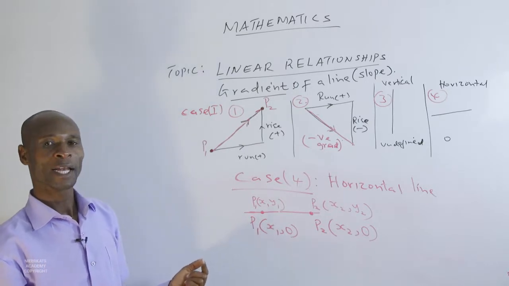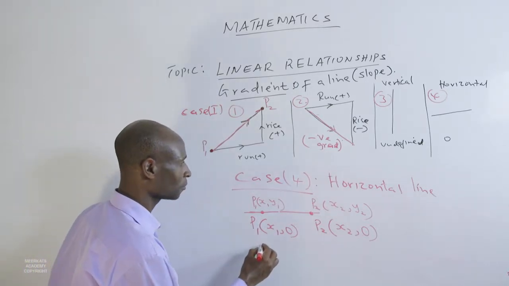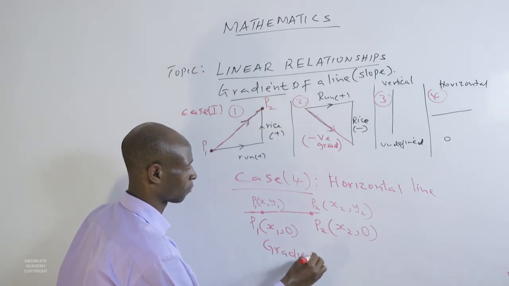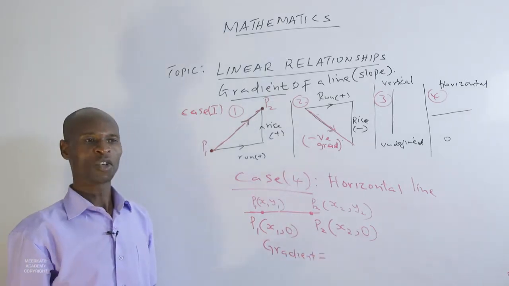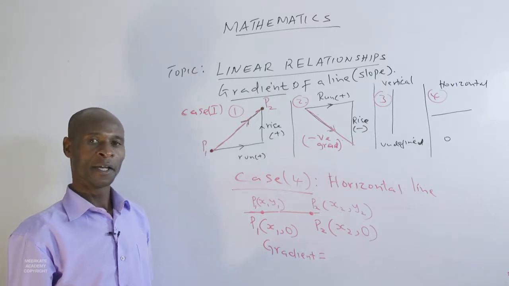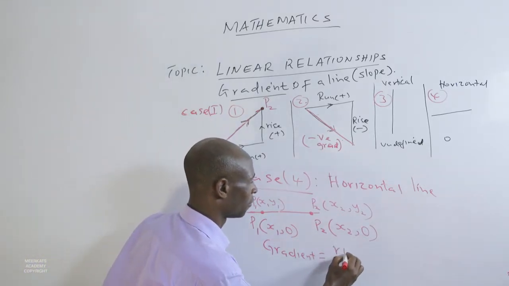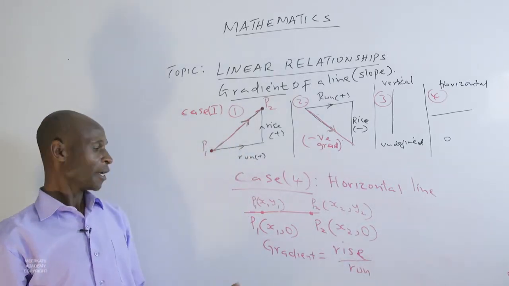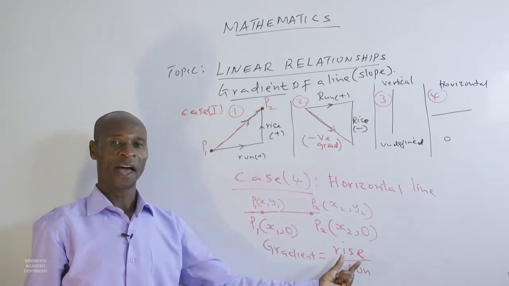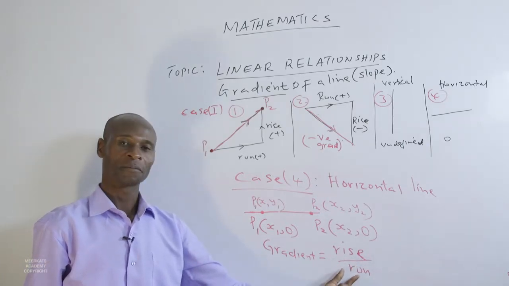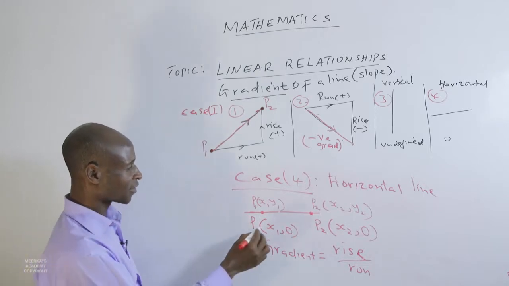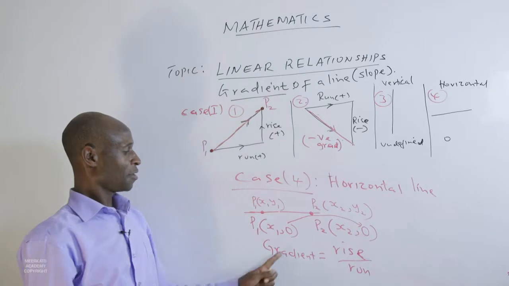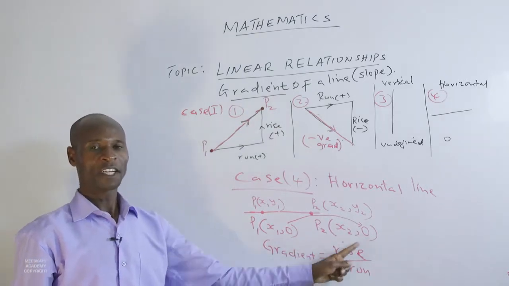So how do you calculate the gradient? Gradient is calculated by taking the rise divided by the run. In this case, the rise is the change in the vertical distance.